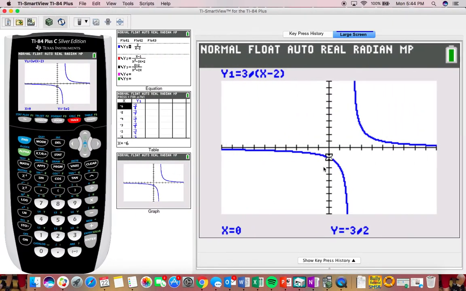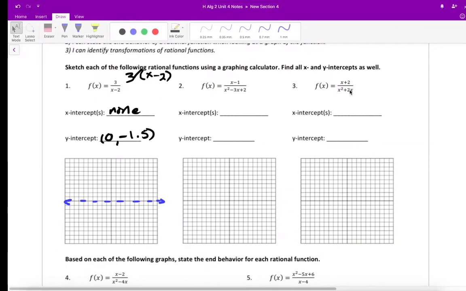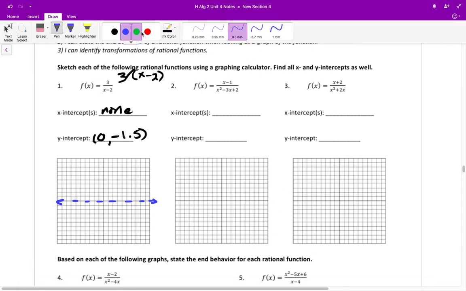It looks like we also have a vertical asymptote, meaning if I were to draw a dotted line down through 2, it looks like we've got a vertical asymptote at x equals 2. Once again, this is not an actual part of the graph. You'll notice that, in fact, on the graphing calculator, it did not even show these. But just to help us graph in just a little bit, I'm going to go ahead and draw those in.